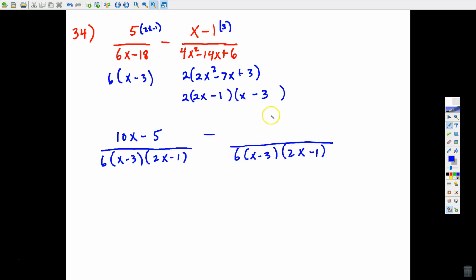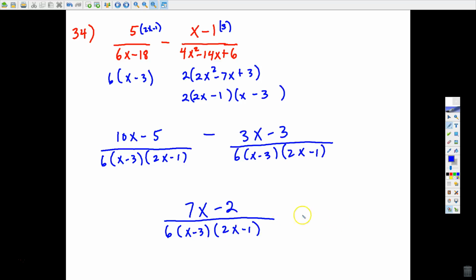So I'm going to multiply 3 times x minus 1, that's 3x minus 3. And now I put the numerators together and combine like terms. 10x minus 3x is 7x. Negative 5 minus negative 3 is negative 2, all over the common denominator. And since I can't factor the numerator anymore, this ends up being my answer.